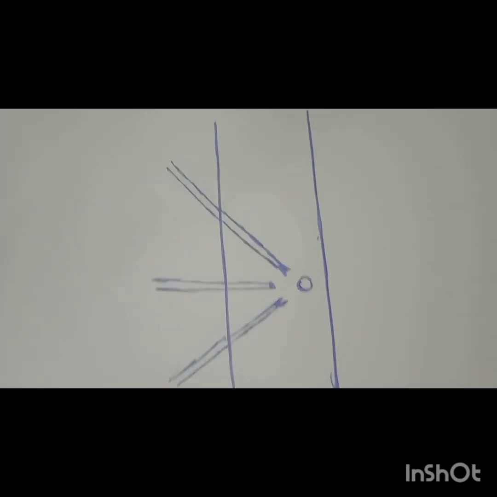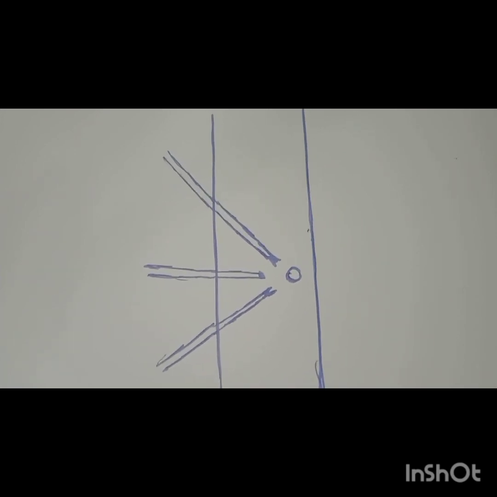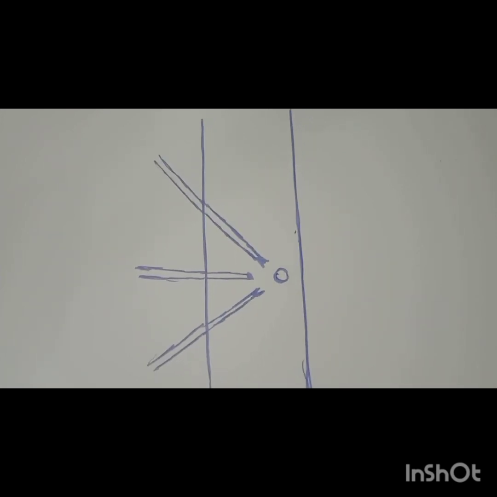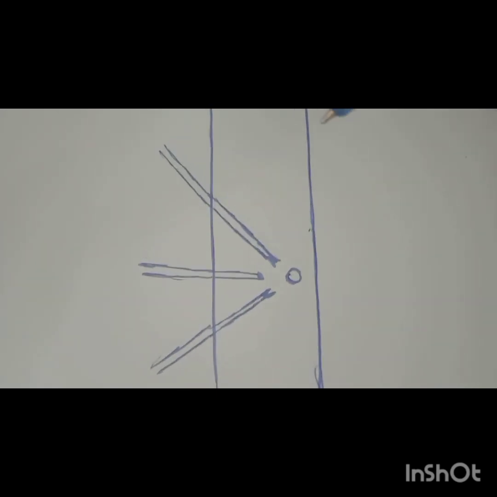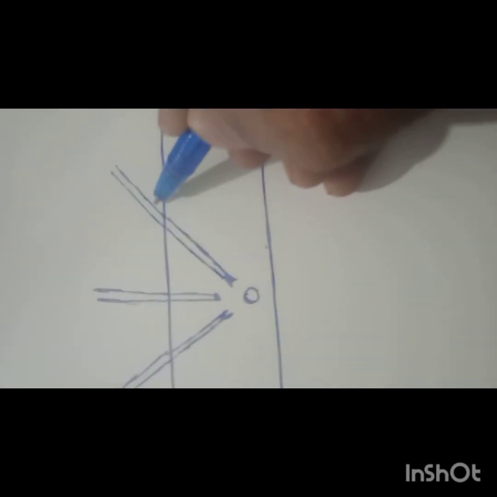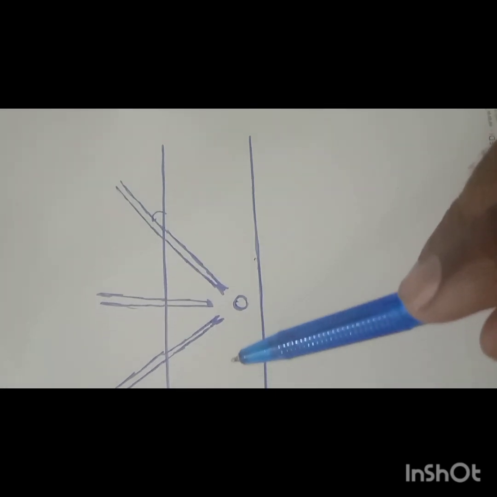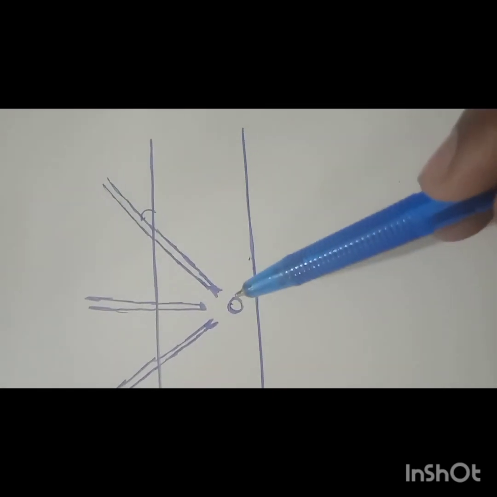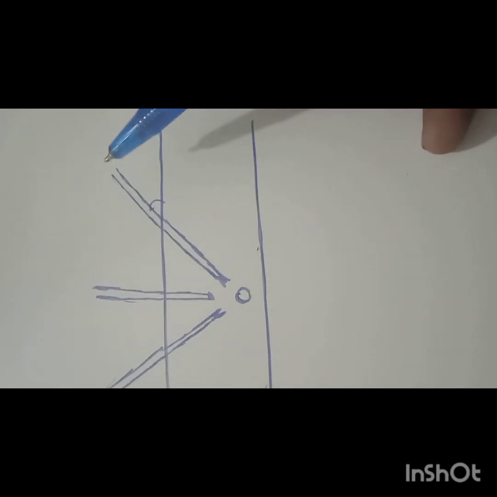Another important point is the angles. If you are interested in laparoscopic surgery, you must know about 3 angles in laparoscopy. The first one is called the angle of elevation. This is supposed to be the abdominal cavity, this is a target organ, and this is a laparoscopic instrument.